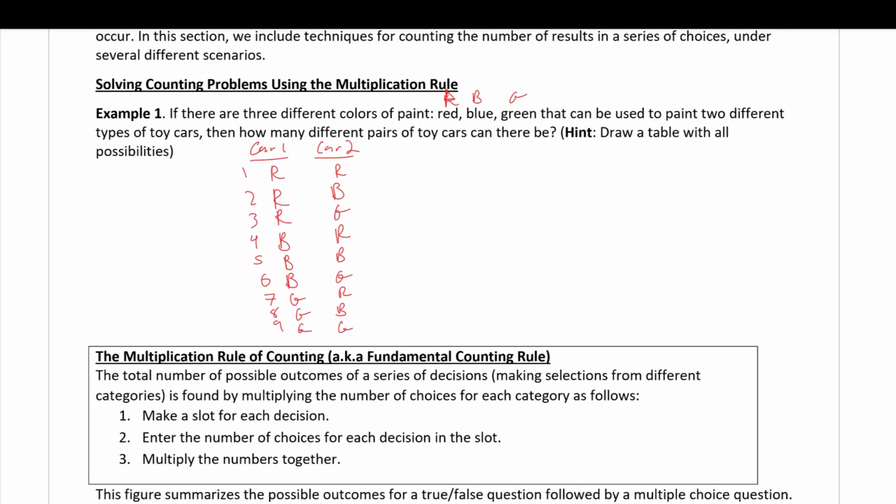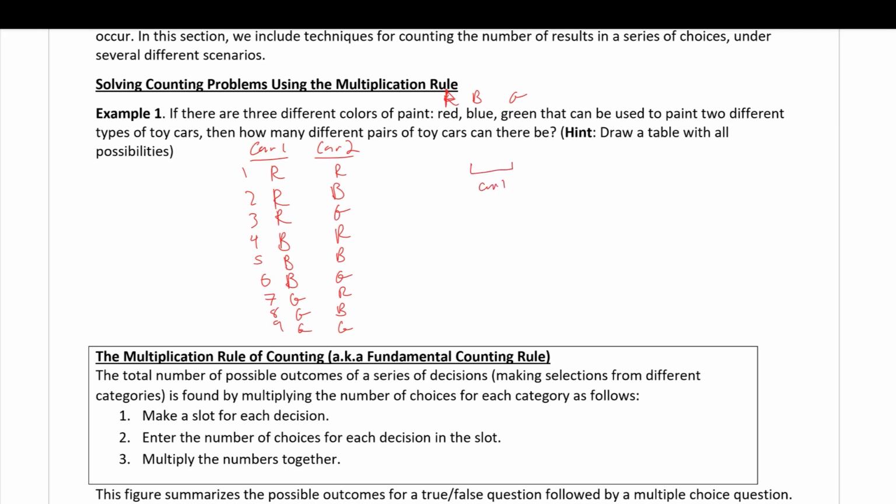So it says, in order to come up with the total possible outcomes in a series of decisions, it's found by multiplying the number of choices in each category as follows. So we're going to make a slot for each decision. So how many decisions were we making in the previous example? Well, I would say there's 2, because we're deciding on what to color car 1 and what to color car 2. So we're going to make 2 slots here.